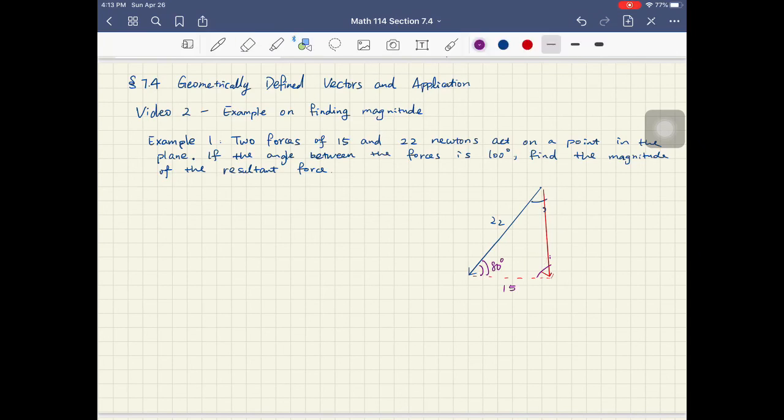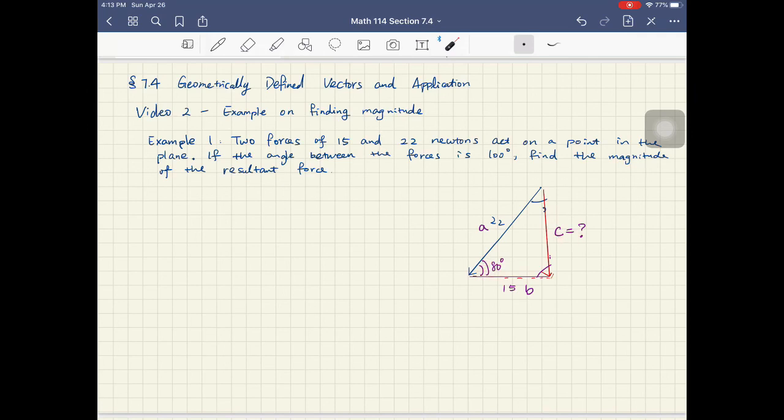Now if I say this is my side A, side B, side C, which is the one we're looking for, I know the measure for side A, I know the measure for side B, and I also know the angle between those two sides.